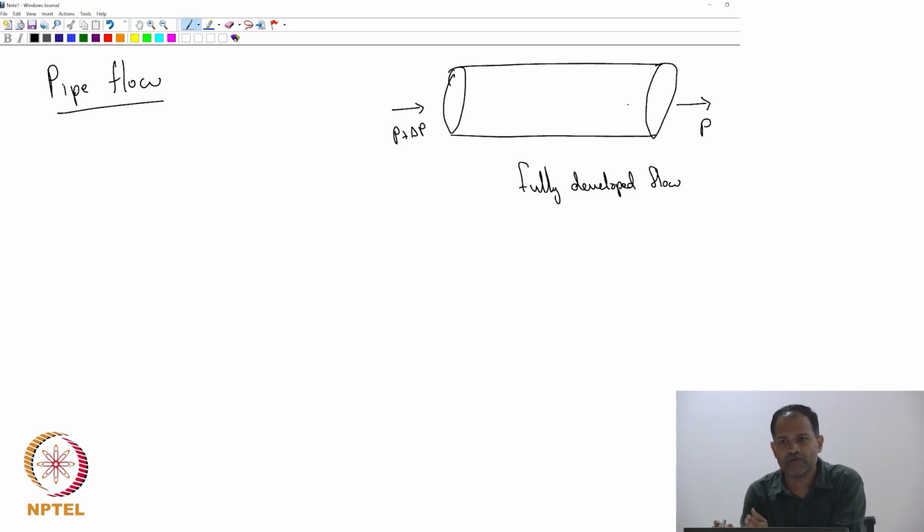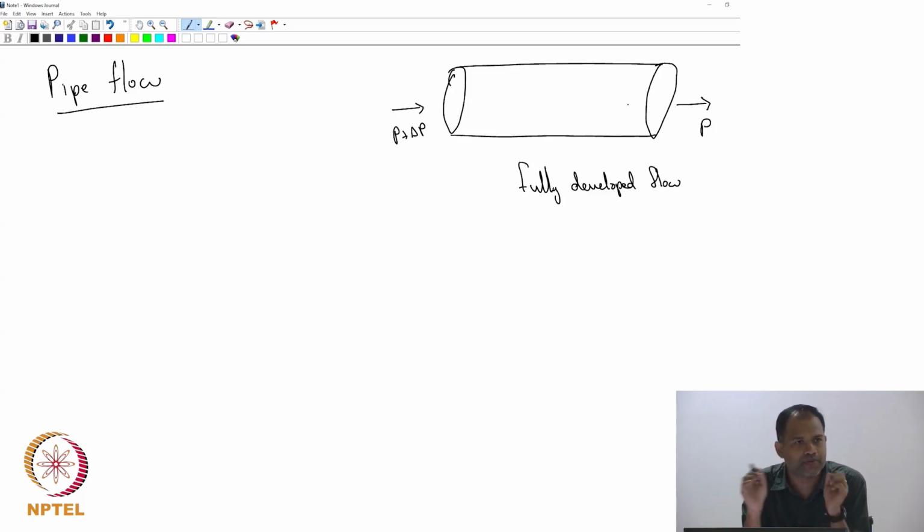So, fully developed flow is that flow which is coming after the entrance length. We are basically dealing with fully developed flow because the entrance length may not be so long, while we might be talking about pipes which are kilometers long. Then we don't really care what happens at the initial portion. So, let us as well neglect that initial portion and work only with the fully developed flow for the time being.